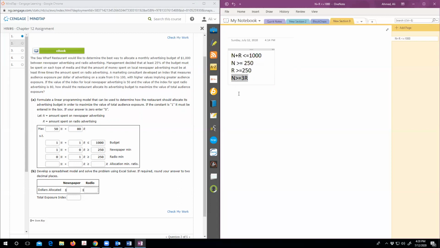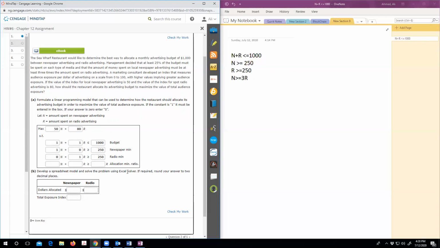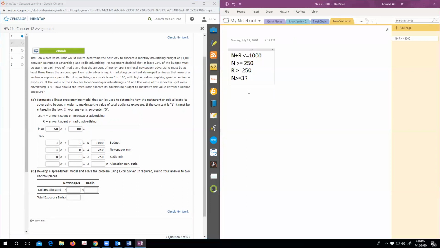Hello? Sorry. Would the number in front of N be 250 and the number in front of R be 750, and then it'd be greater than or equal to 1000? How are you coming up with that? I don't know, maybe, because N has to be at least 250.